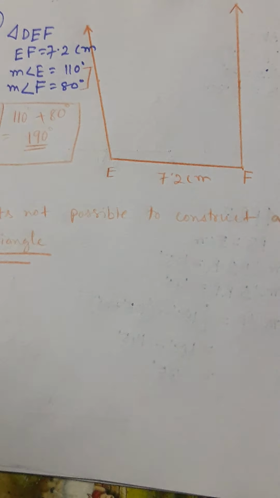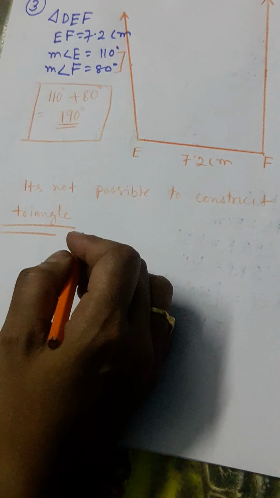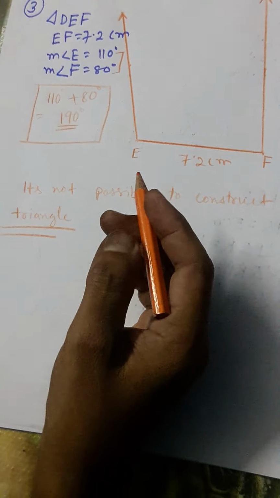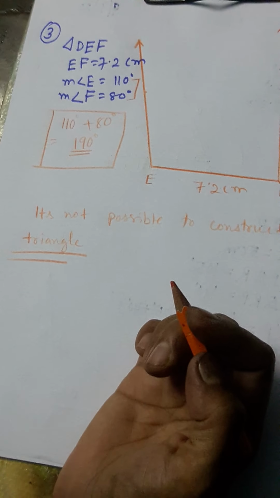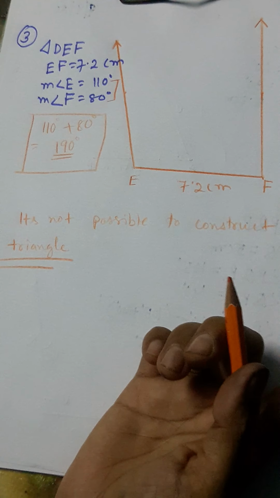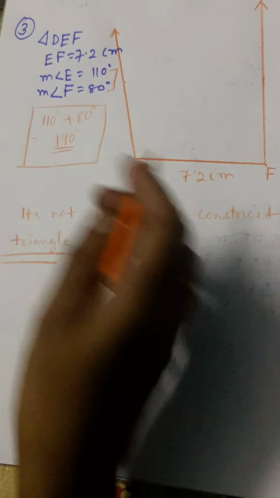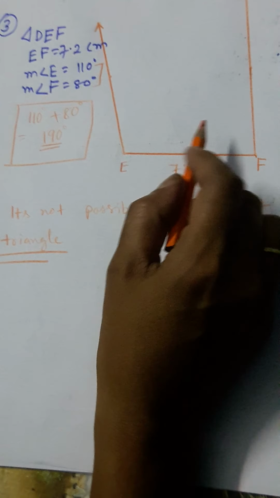Because by the angle sum property we know, if the sum of two angles is, as per the question, 190 degree, it is impossible, because we know the sum of three angles must be exactly 180 degree, not more than 180, not less than 180. But in this case, the sum of two angles has been given as 190 degree. This is the practical thing.